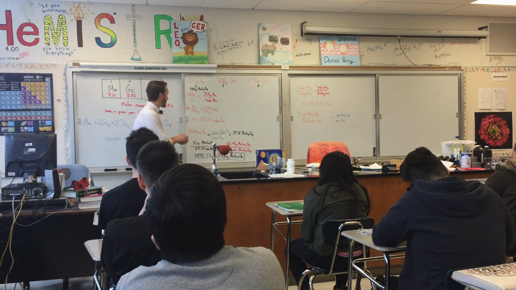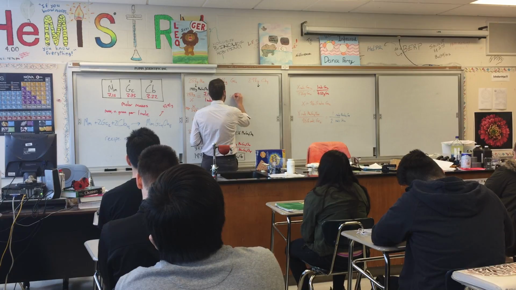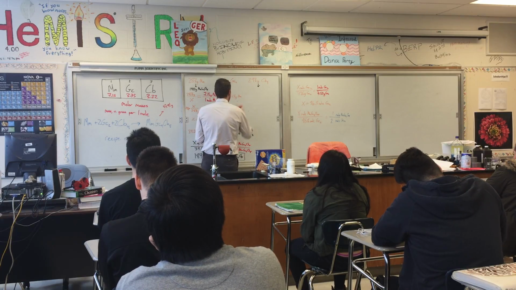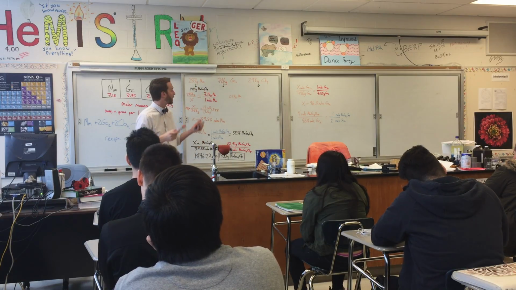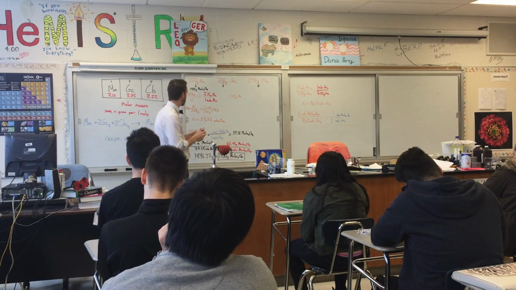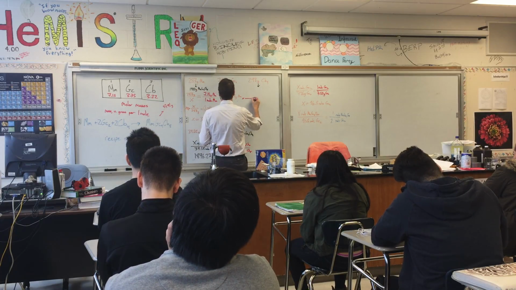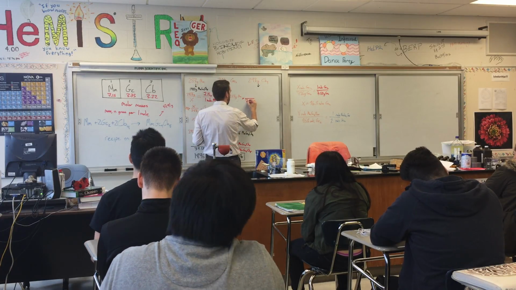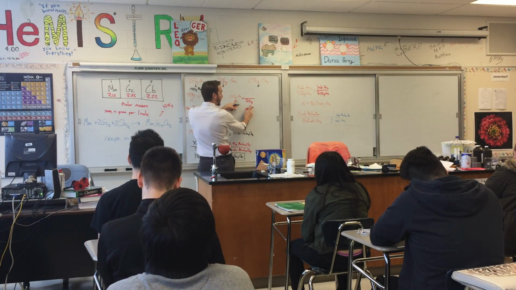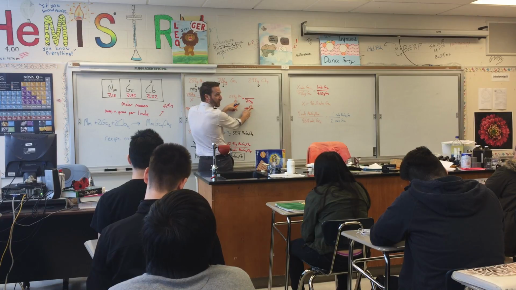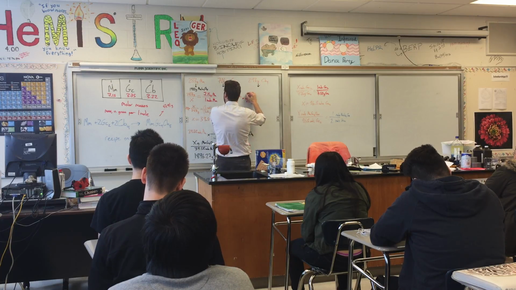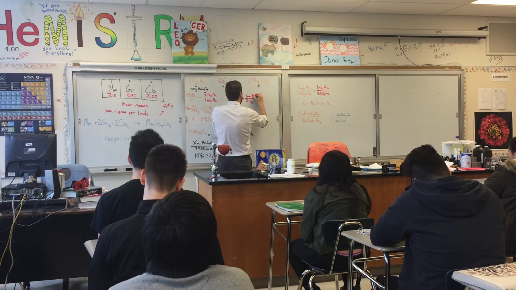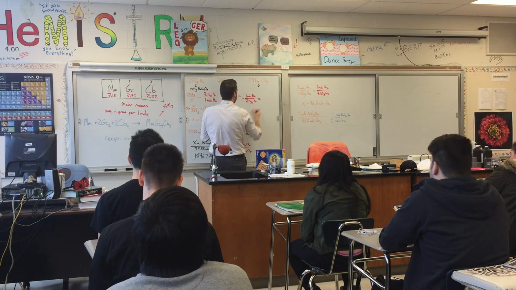I could have solved this by saying, well, I know I have 283 grams of marshmallows. Let me multiply by the proportion of grams and marshmallows. The proportion comes from the molar mass. But now I have to put the 7.15 on the bottom because that's the number of grams, and I want grams and grams to cancel. Then I'll put 1 mole of marshmallows on top because that's what I want my answer to be.